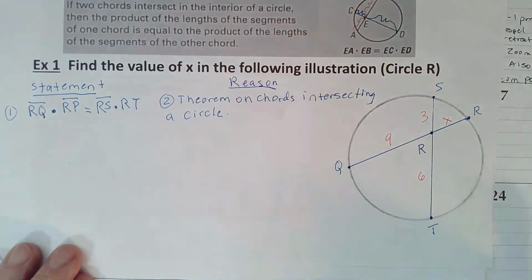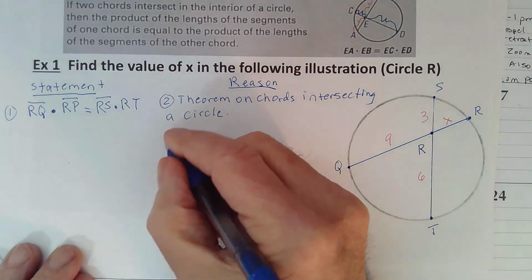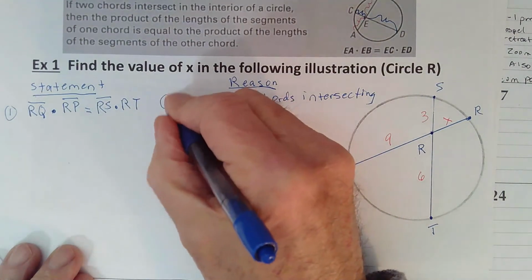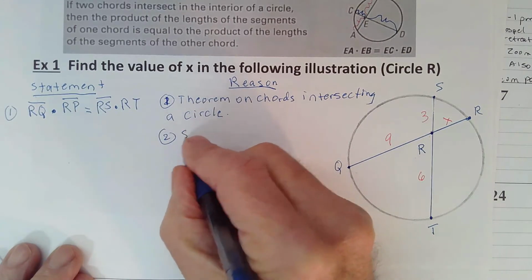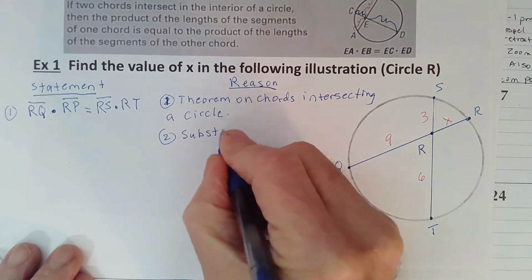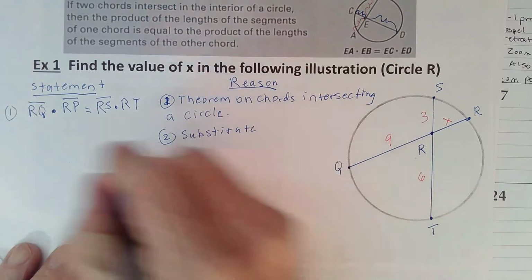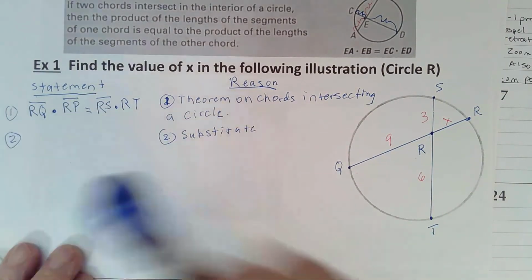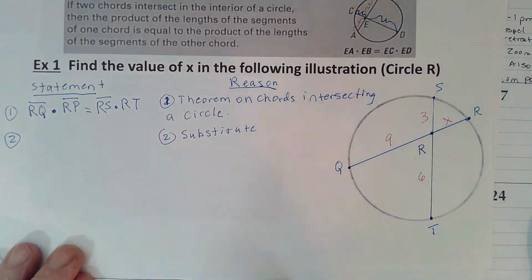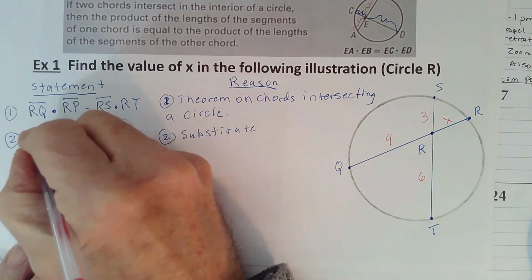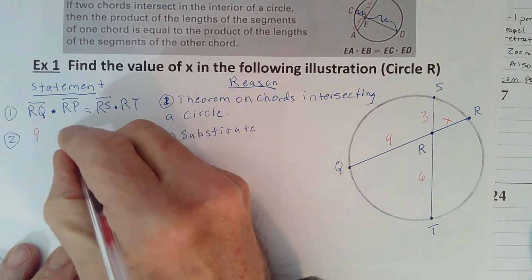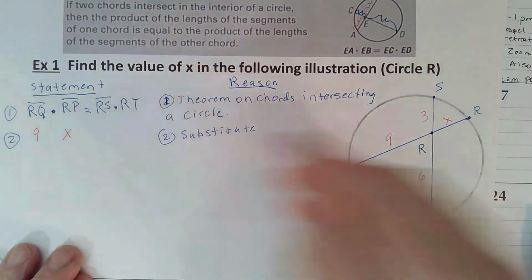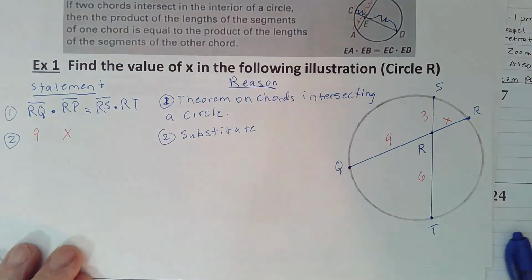Okay, so now let's just substitute. Well, this is number 1, by the way. And then number 2, substitute. So R to Q is 9 units. R to P is X units. I'm sorry, I did this wrong.